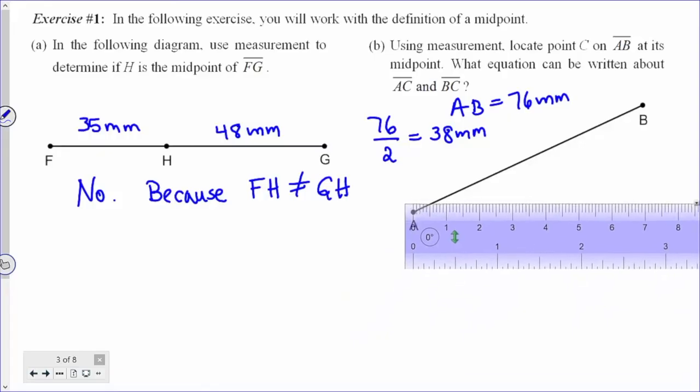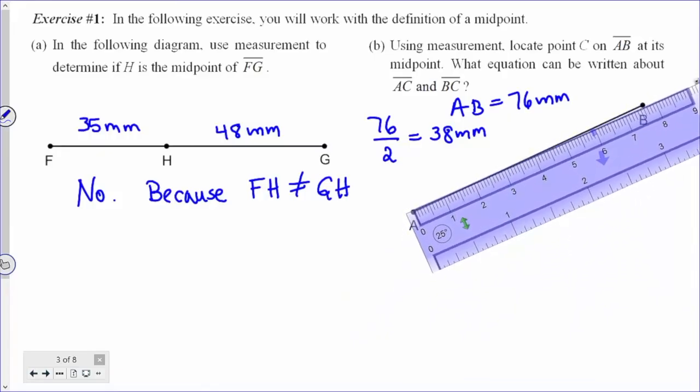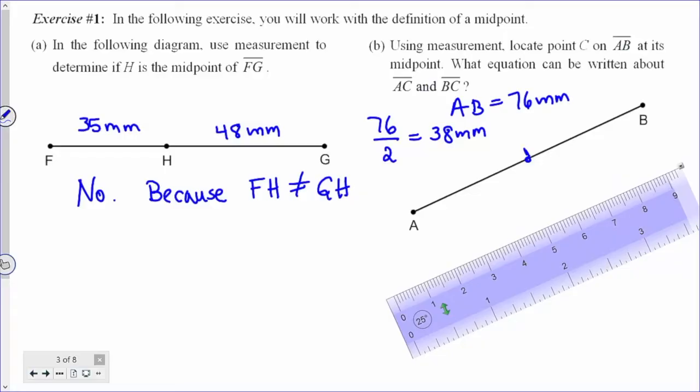I can then take my ruler, come up, find the 38 marking, bring my ruler down, and locate the point, and then maybe clean it up a bit. That's going to be the midpoint, 38 millimeters, 38 millimeters.